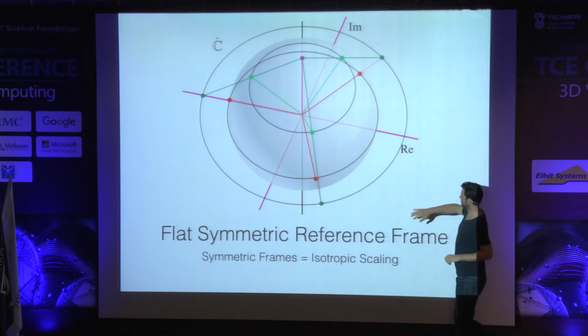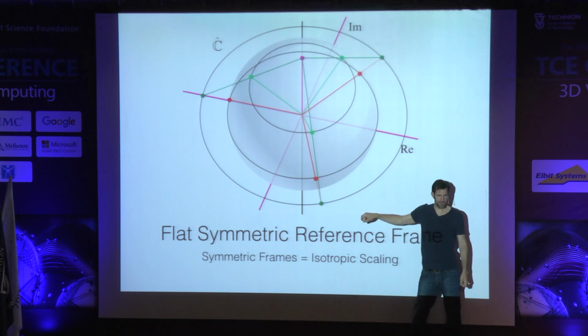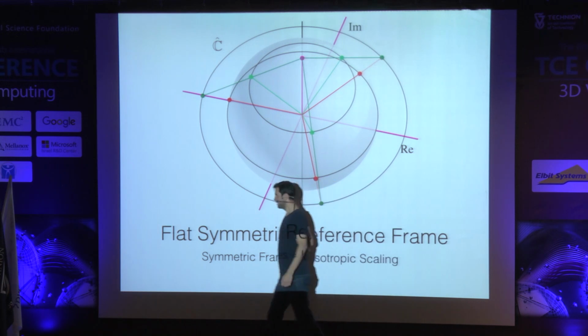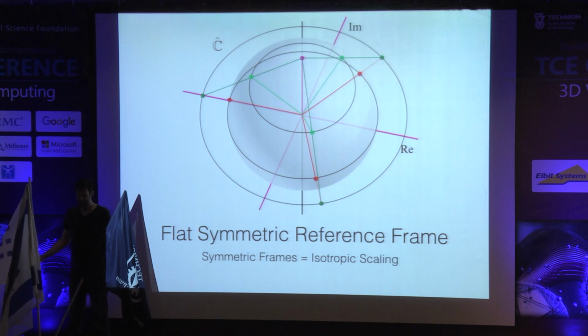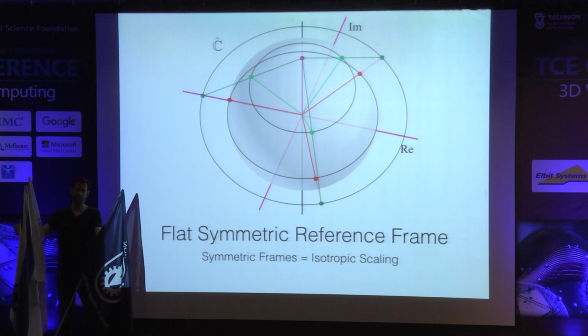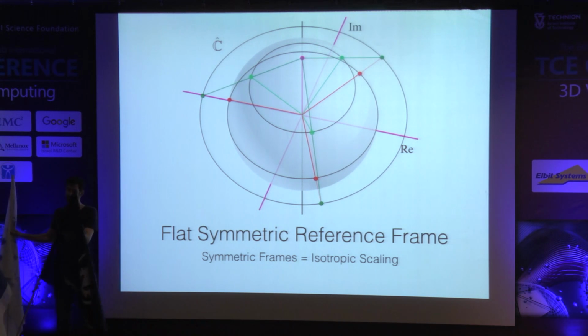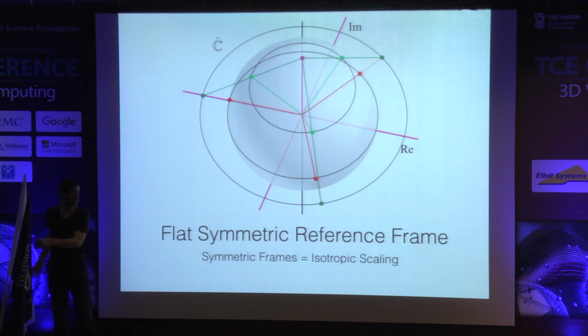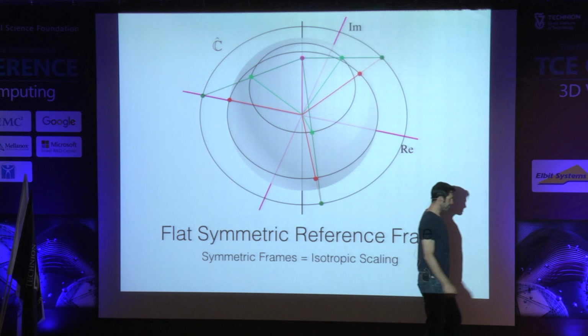And then I see that in the plane, these points that I project into the plane are just an isotropic scale of the flat symmetric reference frame. So basically, it's kind of clear, right? I took this flat, I had made this thing flat and symmetric, and now all I do is I pull all three sticks up by the same amount. And these are all symmetric reference frames, because I didn't care about orientation. So symmetric frames are isotropic scaling.